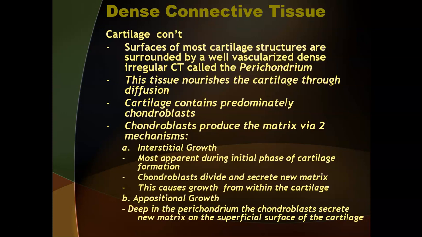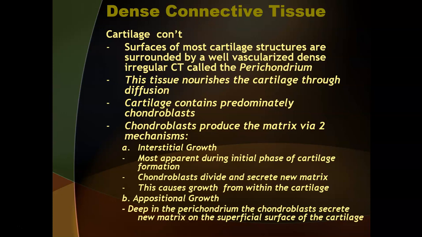Cartilage contains predominantly chondroblasts, and chondroblasts produce the matrix via two mechanisms, either interstitial growth or appositional growth. Interstitial growth is apparent during initial phases of cartilage formation. Chondroblasts divide and secrete new matrix, and this causes growth from within the cartilage.